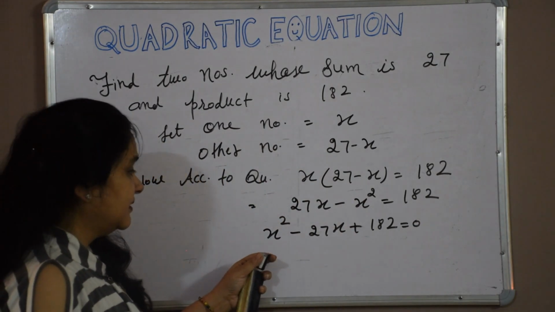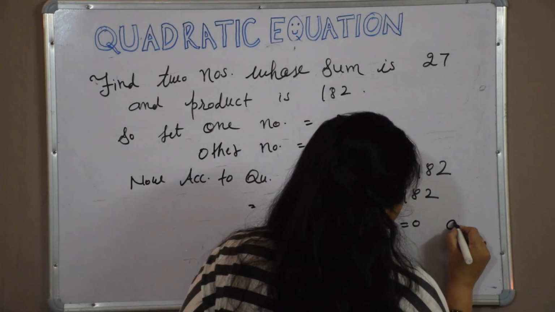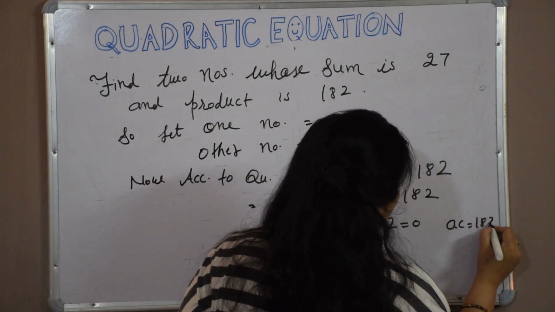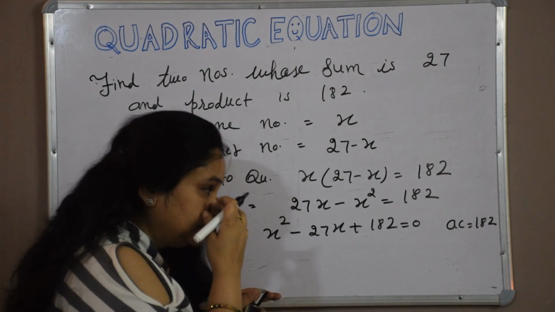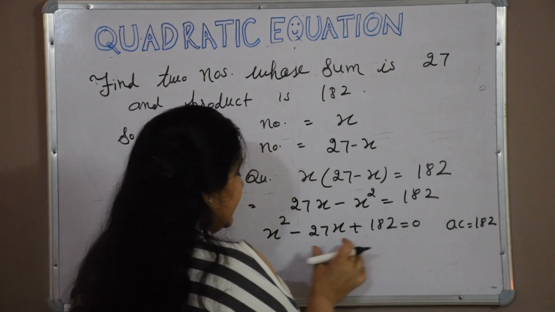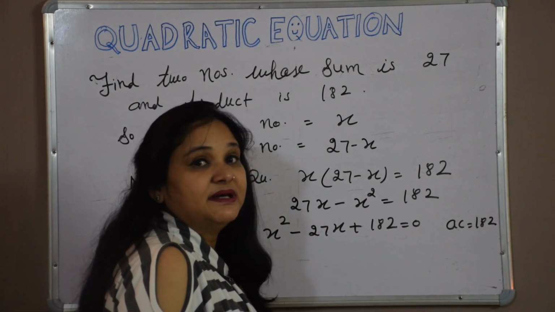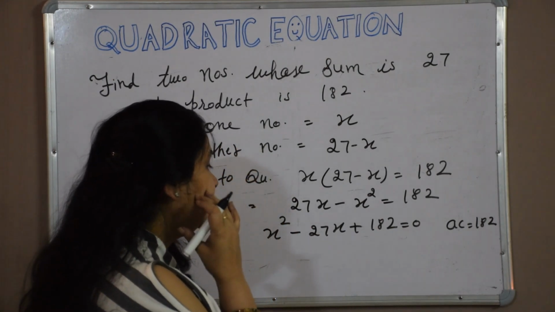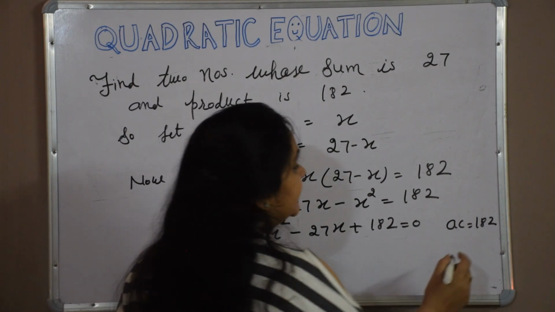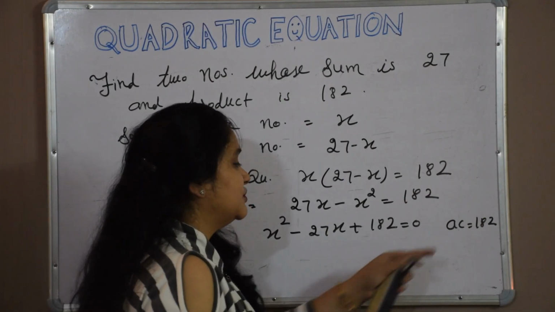Here again compare this with ax square plus bx plus c. We are getting ac equal to 182. Because the product is positive and the addition is negative, both numbers should be negative, because we want the product positive.